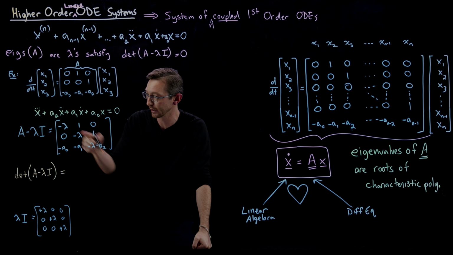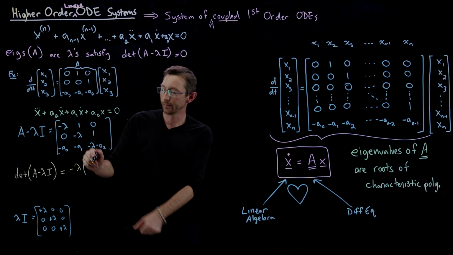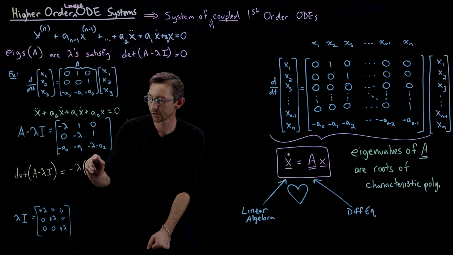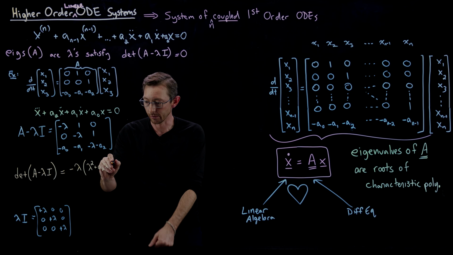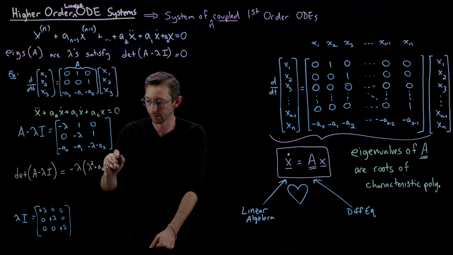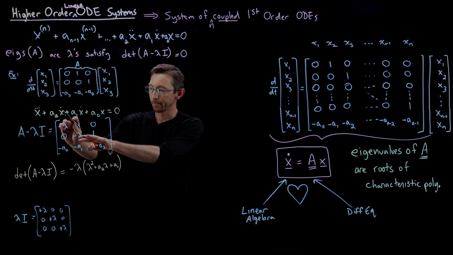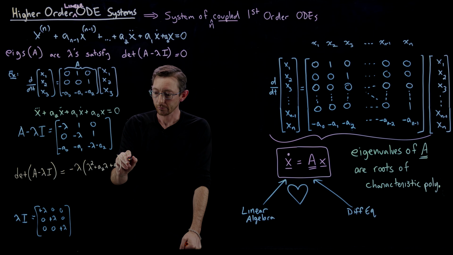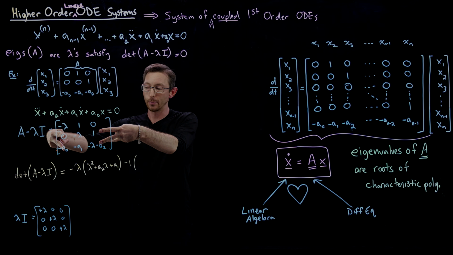So we can do this easily. It's minus lambda times this determinant, which is lambda squared plus A2 lambda plus A1. I'm really hoping I don't botch this. Okay, that's the first term. Minus 1 times the determinant of this 2x2 subblock.